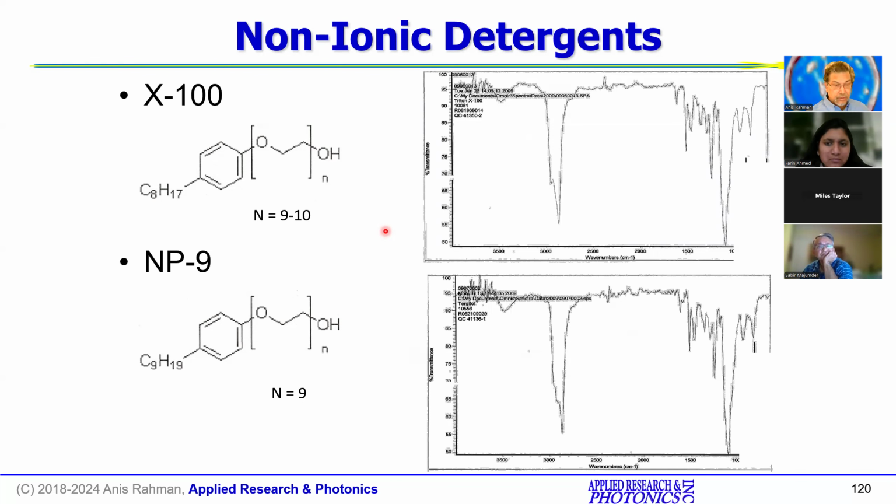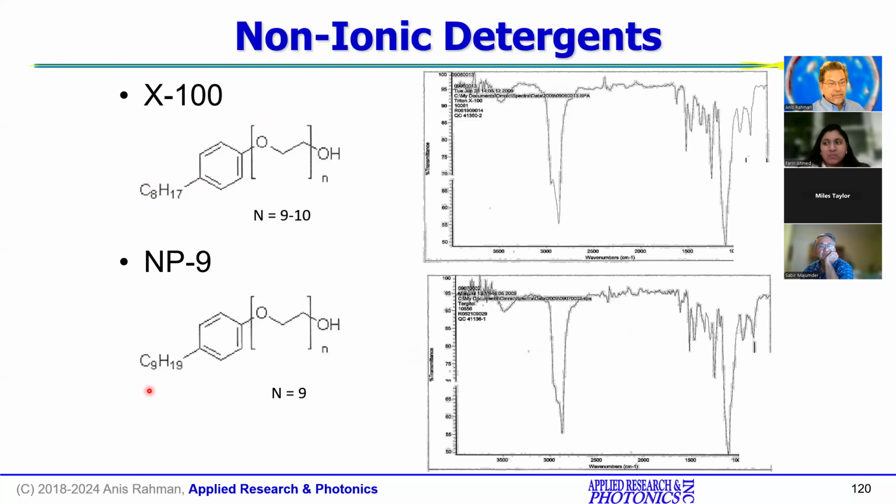We had a chance to work with them a long time ago, before they were Leidos Biomedical, when they used to be called SAIC Frederick. They provided this X100 and NP9, which is the generic name. But you see, the biggest difference is that you have 8 carbon and you have 9 carbon.